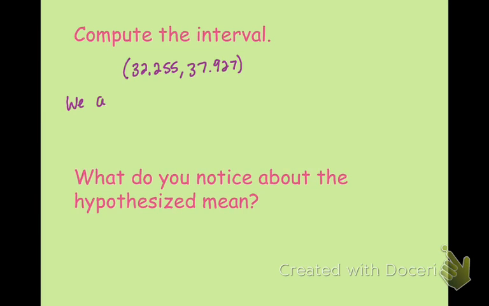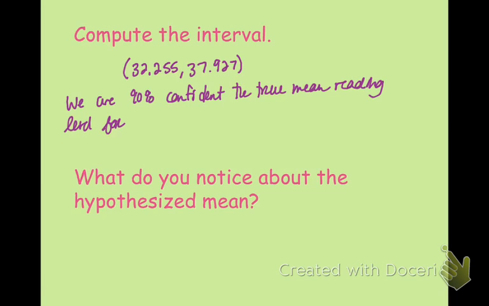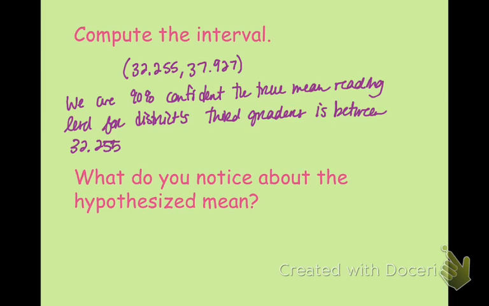So that means we are 90% confident the true mean reading level for our third graders is between a reading level of 32.255 and 37.927. All right, so what does that mean?